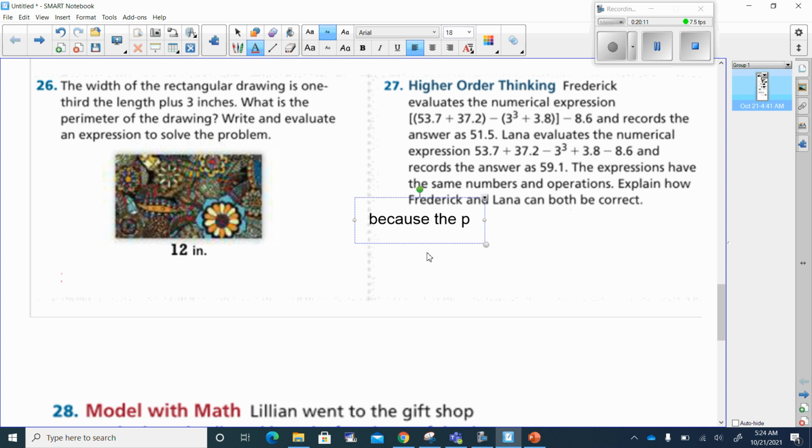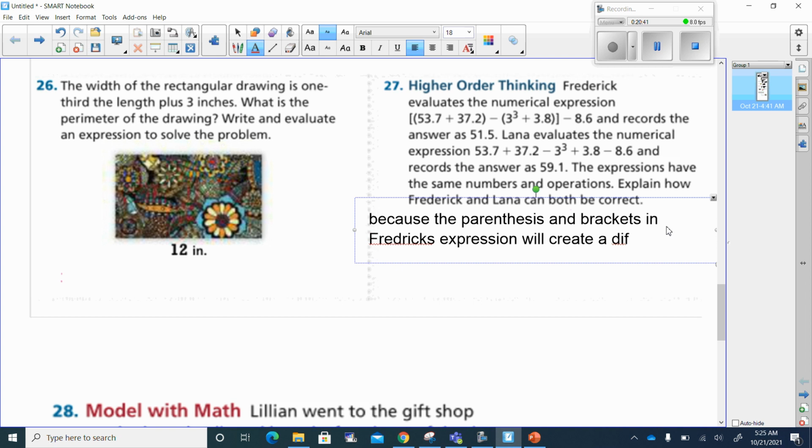Because the parentheses and brackets in Frederick's expression will create a different value. Okay?